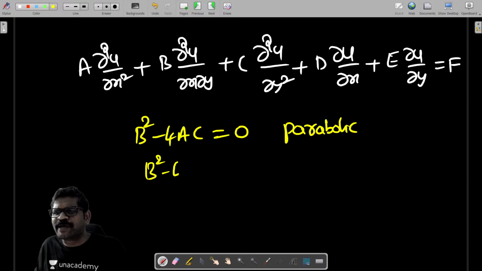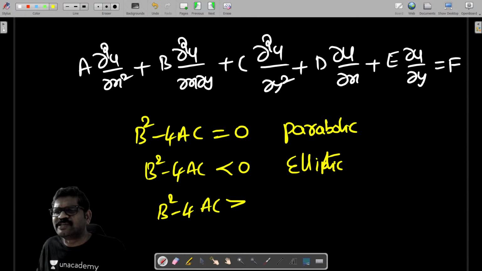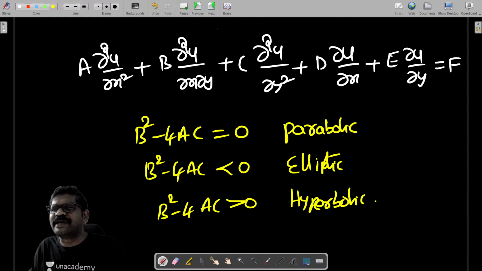If B square minus 4AC less than 0, elliptic. If B square minus 4AC greater than 0, then hyperbolic. This is the concept behind this problem.